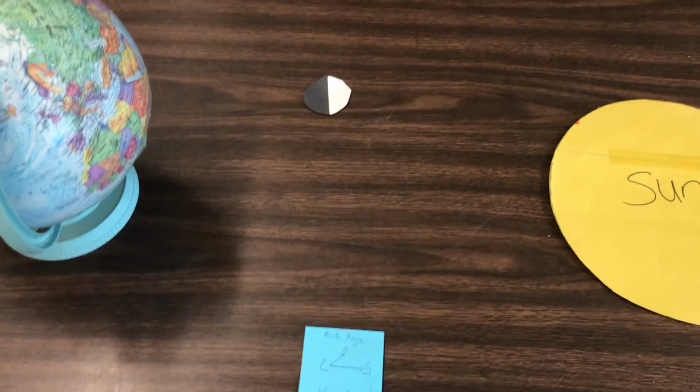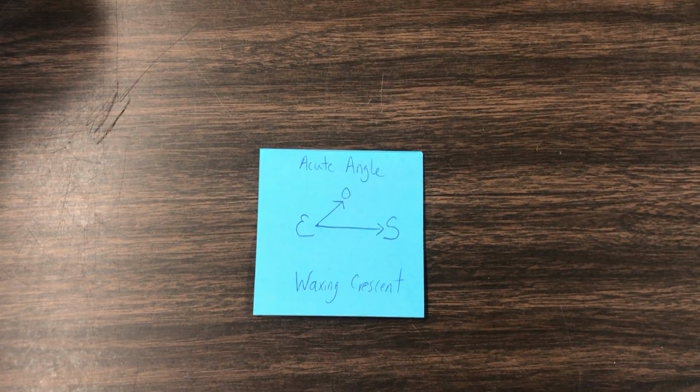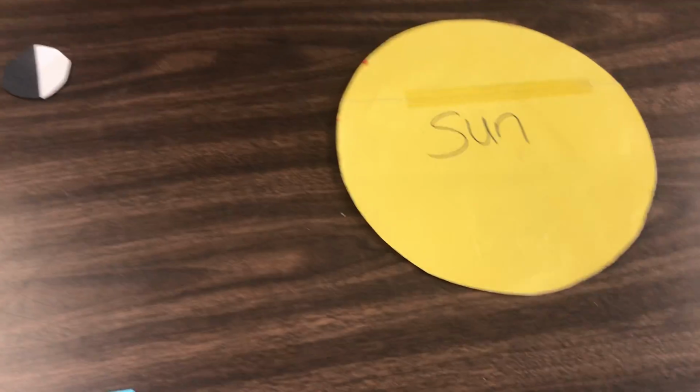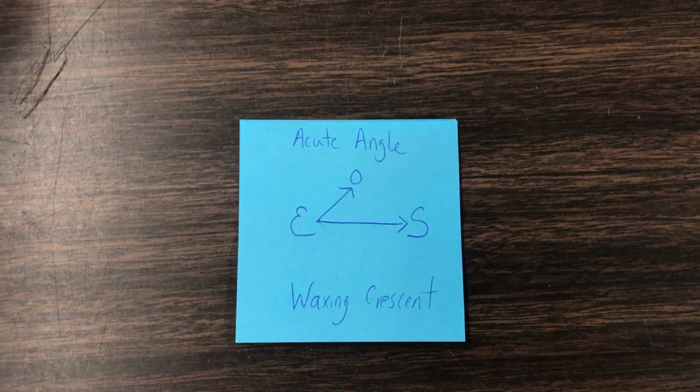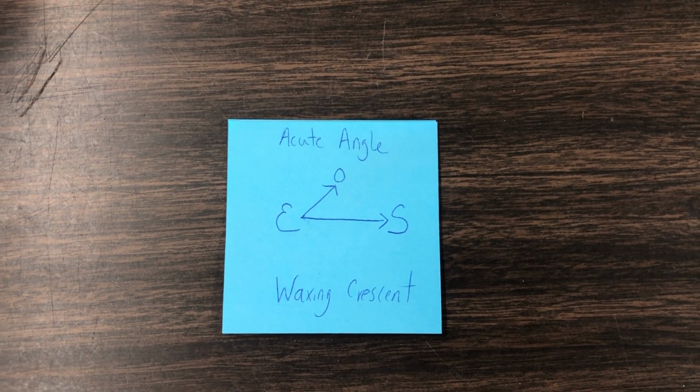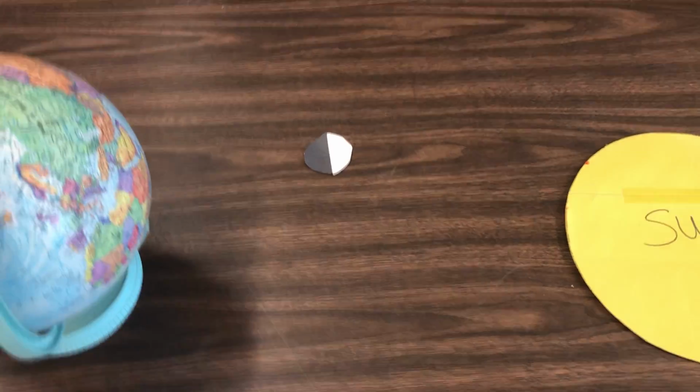This is actually going to be an acute angle now. By acute, I mean it's not a straight line anymore. We have the moon, the Earth, and the sun, and it's making an angle like this. That's an acute angle. It's less than 90 degrees. And an acute angle is going to result in our next moon phase, which is a waxing crescent.